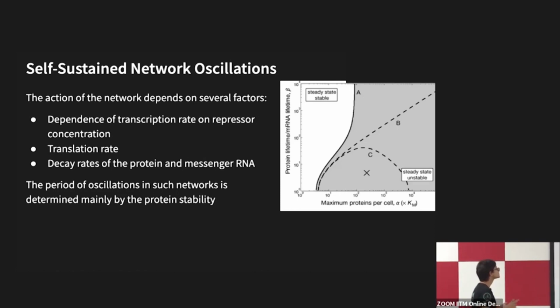And these repressor concentrations are dependent on transcription rates as well as translation rates. There's also dependency on the decay rates of the protein and mRNA, and we're going to be coming upon that in subsequent slides as well. The period of oscillation in these networks is mainly dependent on the protein stability itself.